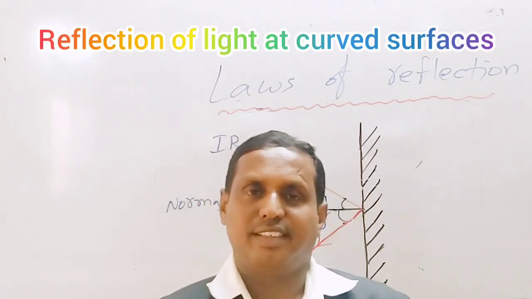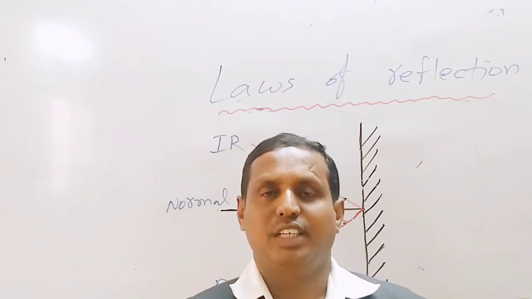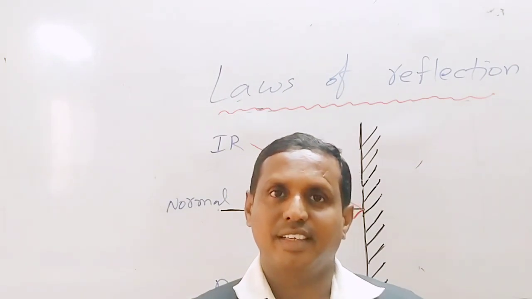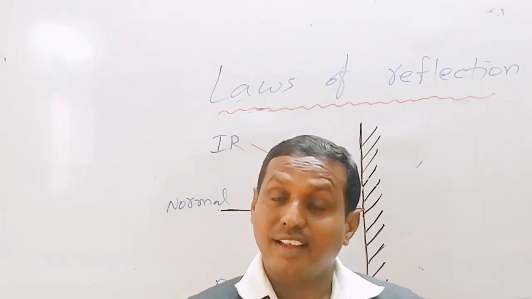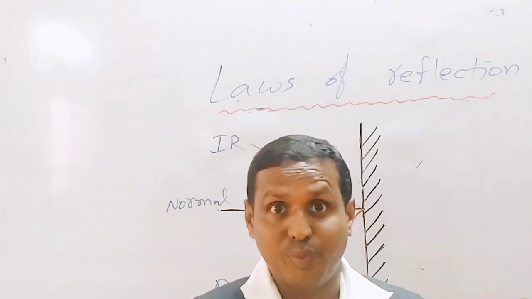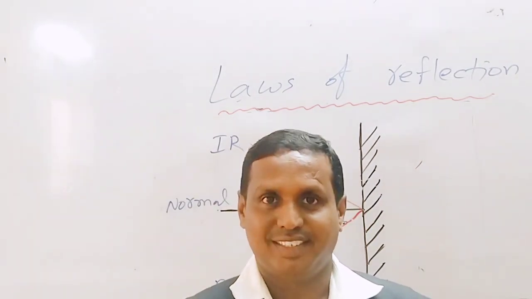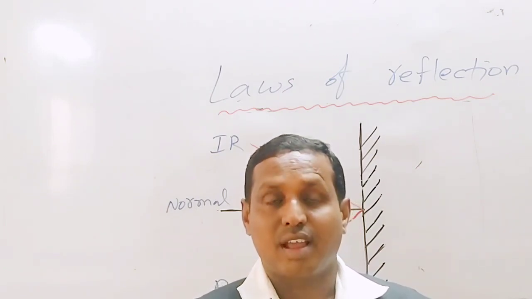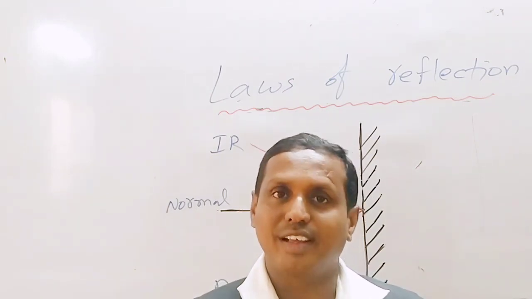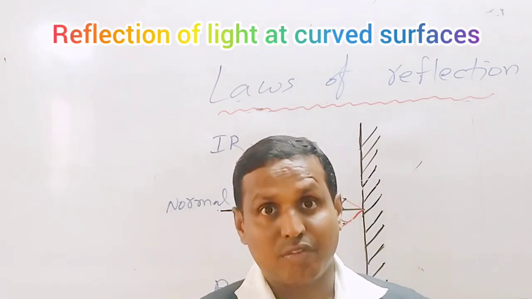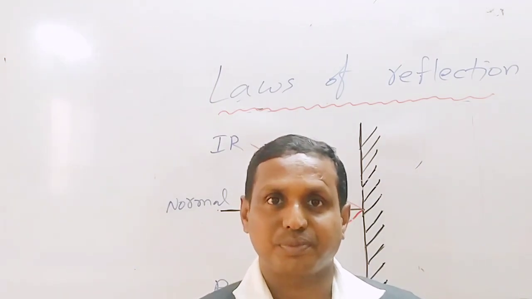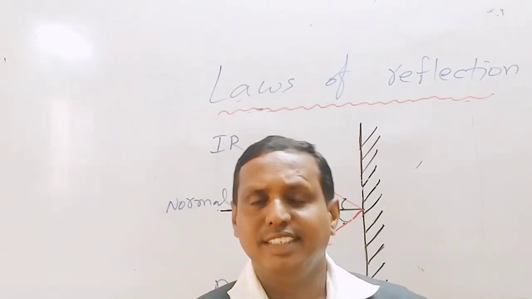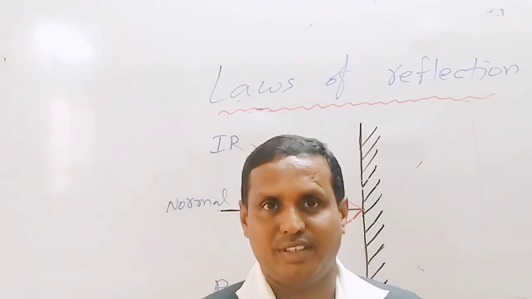In this chapter, the topics are reflection of light, concave mirror, convex mirror, how to draw the concave mirror and convex mirror by using ray diagrams, rules for ray diagrams, all cases of concave mirror, special case of convex mirror, rules for sign convention, problems. These are the major topics in this chapter.